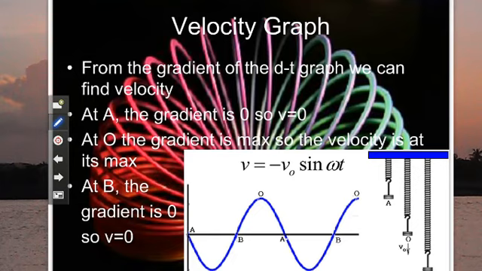Then we have our velocity graph. And the velocity graph is related to the position graph. And we're going to talk about that in a few minutes.